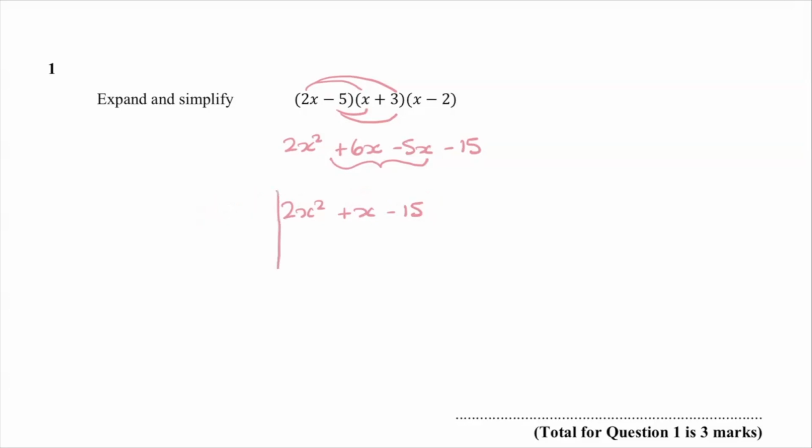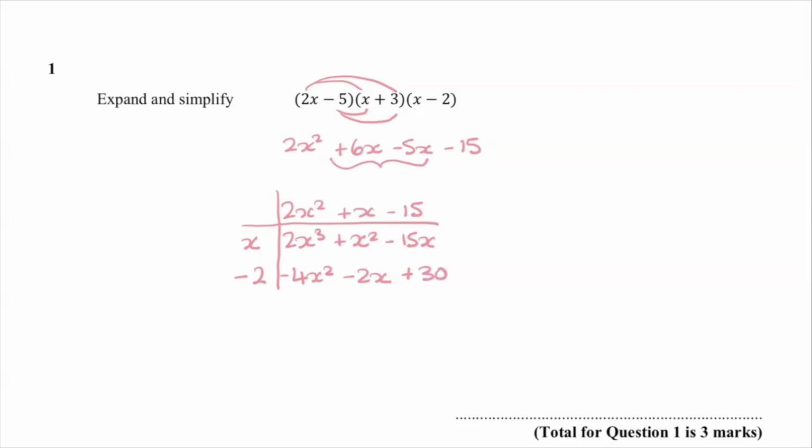So the grid method just means that you're popping it into a grid, x minus 2, and then you're multiplying in like a times table grid. And again, watch those negatives. We've got negative 2 times negative 15 to give us positive 30.